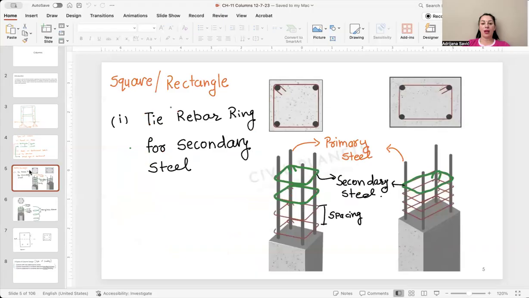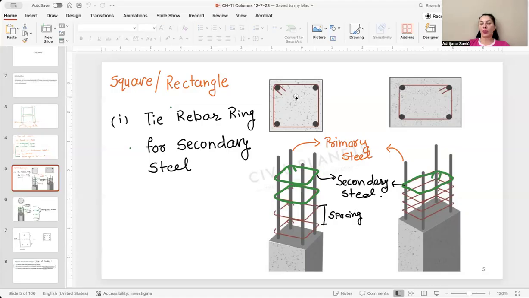This is an example of a square and rectangular cross section, and we have secondary steel, or stirrups, or tie rebar rings here. Usually in countries where earthquakes occur, the spacing between secondary steel is 15 centimeters or 6 inches. In countries without earthquakes, they have different rules.